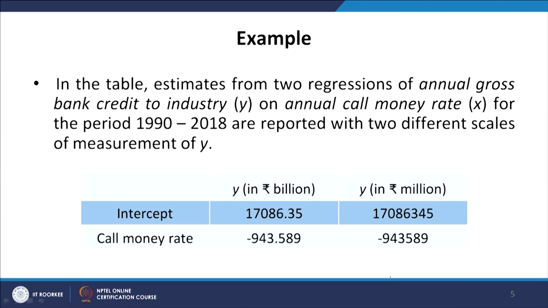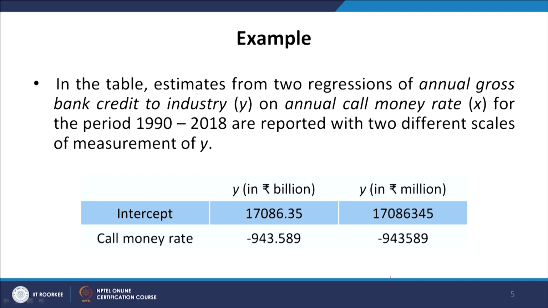Now, we take an example. In the table, estimates from the two regressions of annual gross bank credit to industry on annual call money rate for the period 1990 to 2018, taken from India. So, these are Indian data.